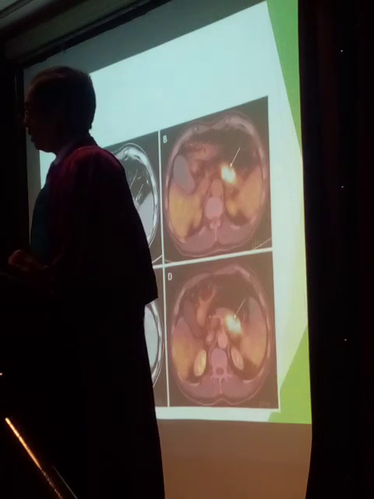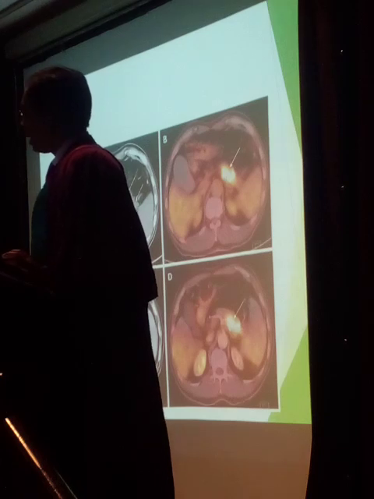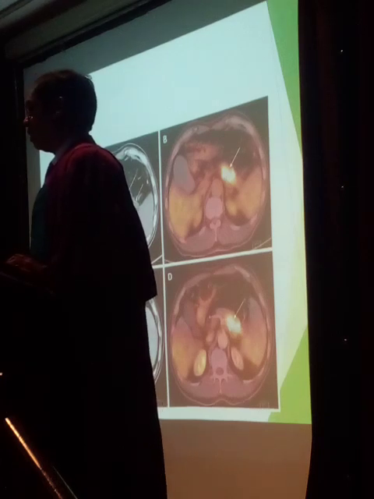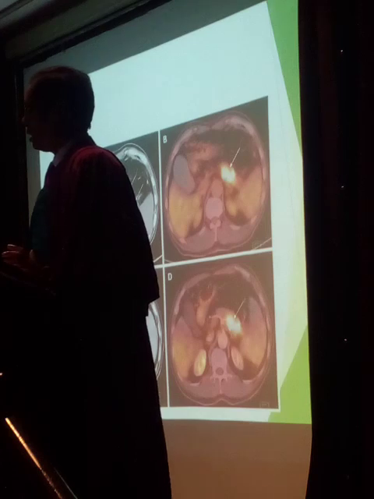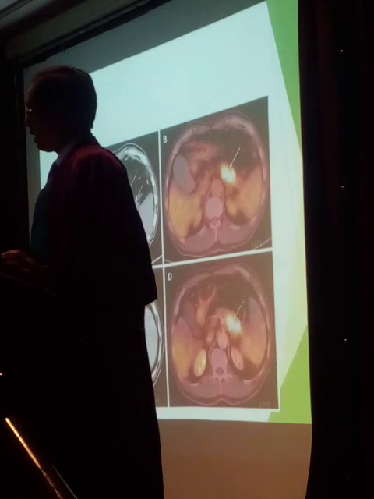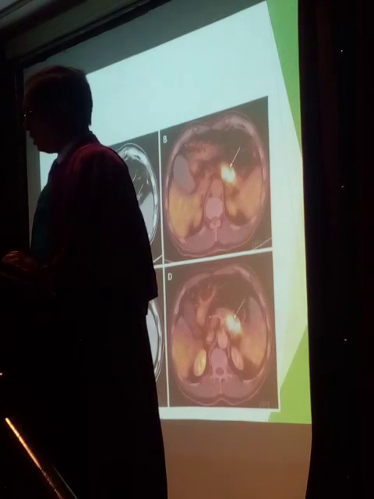Or if we want to reduce the tumor bulk, we can do ablation. We can reduce the liver tumor bulk if needed, or we can ablate the local disease even. Those are the radiological involvements in pancreatic carcinoma management.